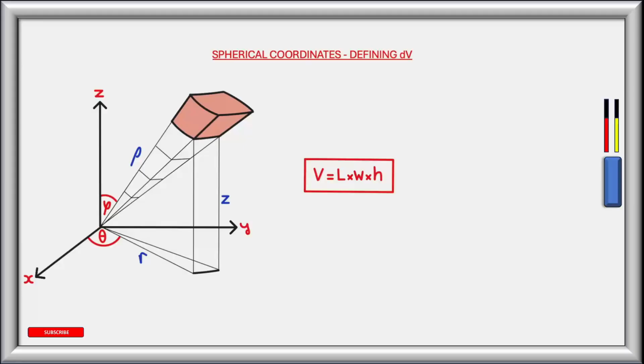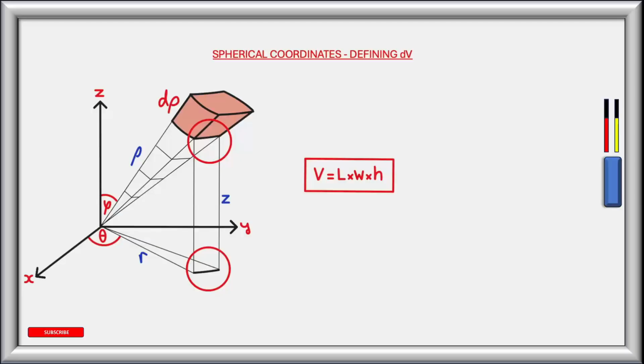So let's apply this volume formula to the red shaded region. We can see that the height dimension, circled here, is along the radial distance ρ, and is represented by an infinitesimally small piece of ρ, which we call dρ. If we extend lines down from the rectangular box, we see that the width dimension of the box, circled here, also lies parallel to the xy plane, circled here, and is the arc of a circle where the radius of the circle we saw was r when using cylindrical coordinates.